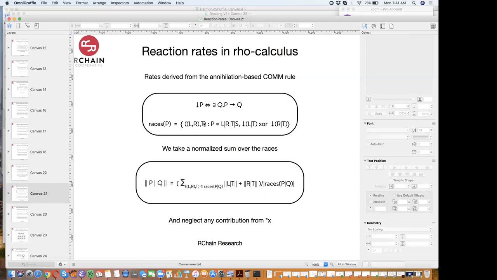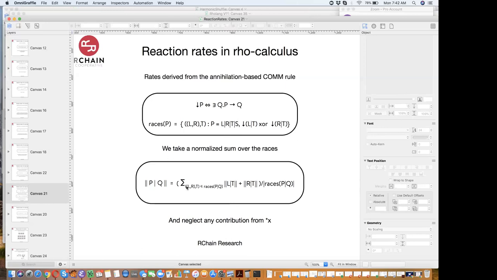So you've got an LR pair and a T, and P is structurally equivalent to L par R par T par something left over. And then we say that P can either reduce by L going with T or R going with T, but not both. So there's a conflict there, right? So that's the definition of calculating the races that live at the level of P.